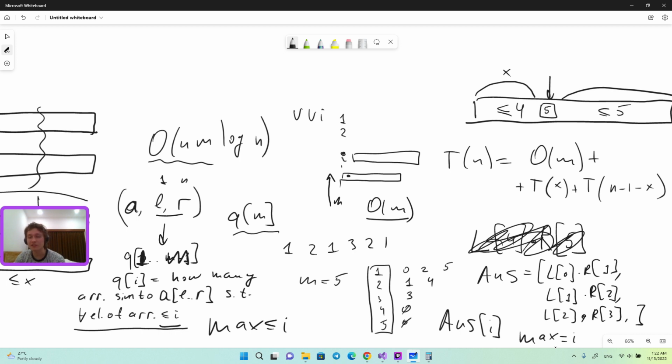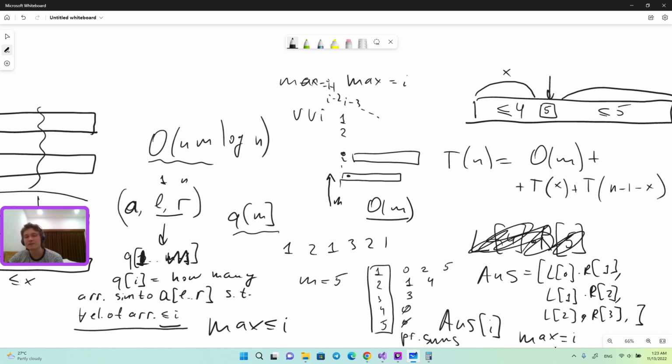So this is not the answer, but it will be the answer if I return prefix sums of ans instead of ans itself. So see, if I consider prefix sums of ans, then along with maximum equals i, there will be maximum equals i minus 1, i minus 2, i minus 3, etc. So all maxima which are less than i or equal to i will be in this prefix sum.